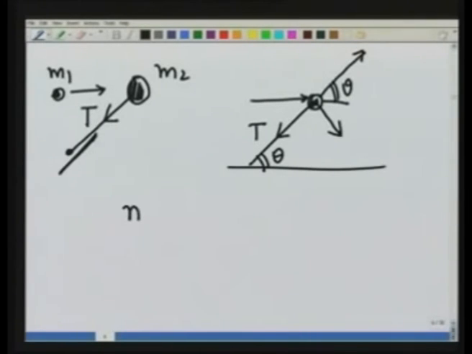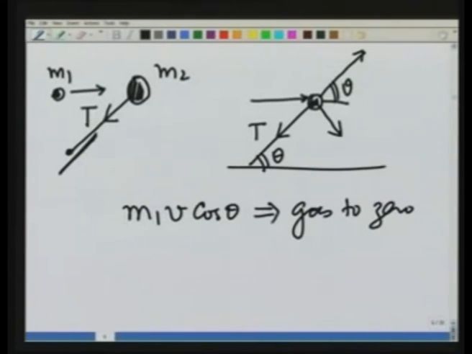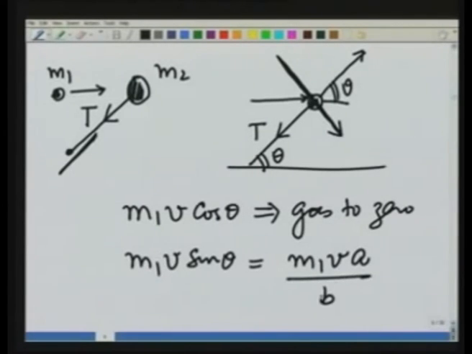So, the initial momentum component m1 v cosine theta will go to 0 because of this force T applied by the rigid rod, and the only component that will survive, because there is no force in this direction, will be m1 v sin theta, which will be equal to m1 v a divided by b, where a is this distance, as I said earlier, and b is the length of the rod.